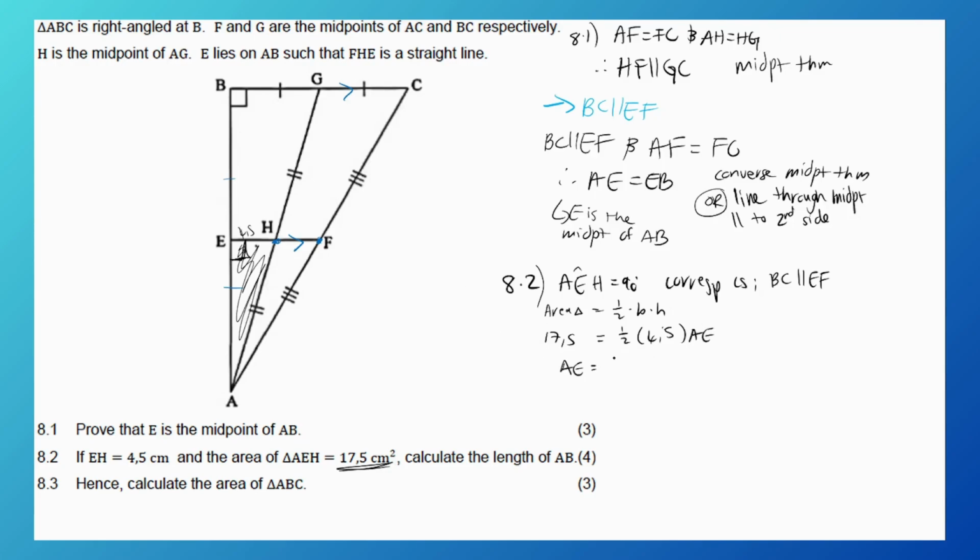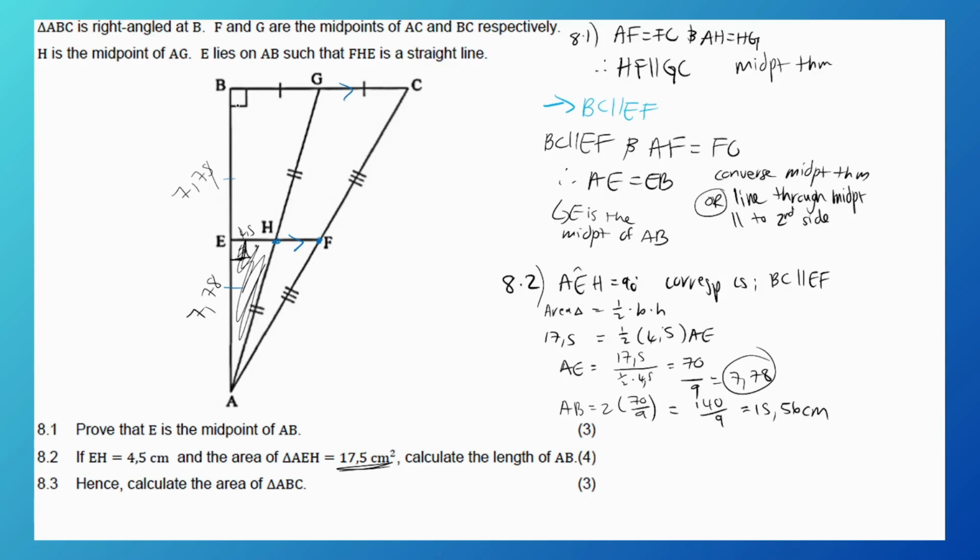You're going to find AE by saying 17,5 divided by the half times the 4,5. And then to get AB, you take that answer and double it. So in other words, you have 15,56. So we know each of these is 7,78, so the whole line here is actually 15,56.